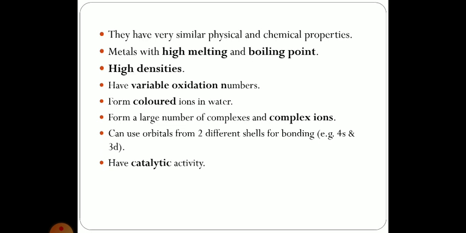Along with that, they form a large number of complexes and complex ions. Also, they can use orbitals from two different shells for bonding, that is 4s and 3d. Along with that, they have catalytic activity also.